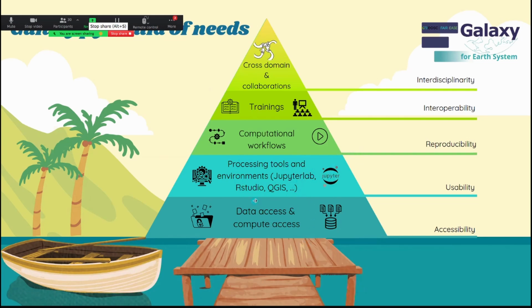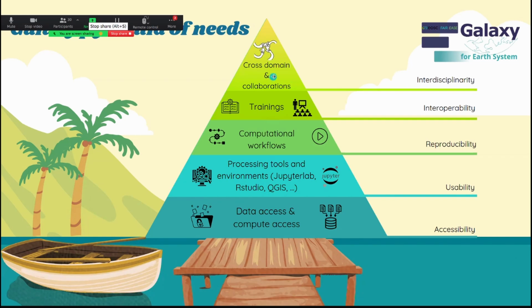And once she was able to do that, she actually wanted to build full computational workflows. And then she was happy, but she wanted to share what she did with Herbert, and that Herbert would be able to understand what she did. So from there, she built a training where Herbert was able to use what she did and redo what she did, which brought collaborations and, most importantly, cross-domain work, because Galaxy is domain agnostic.